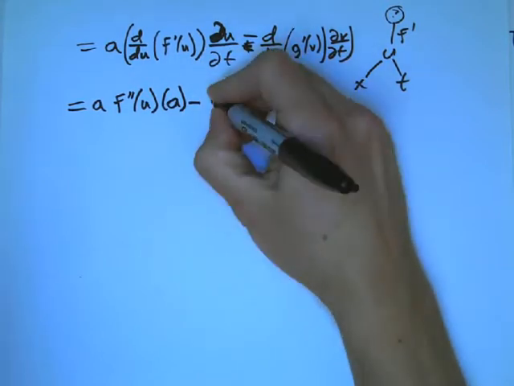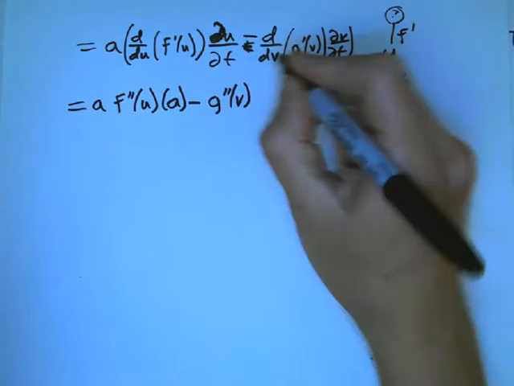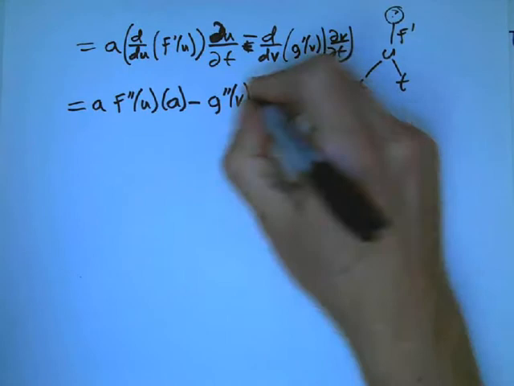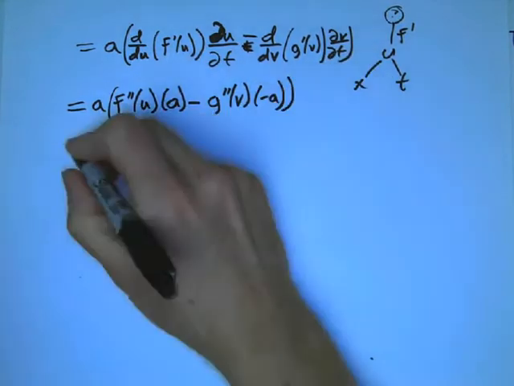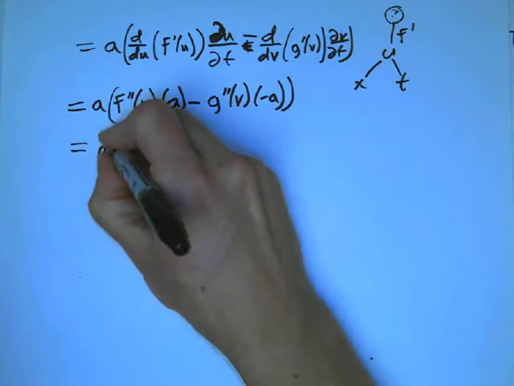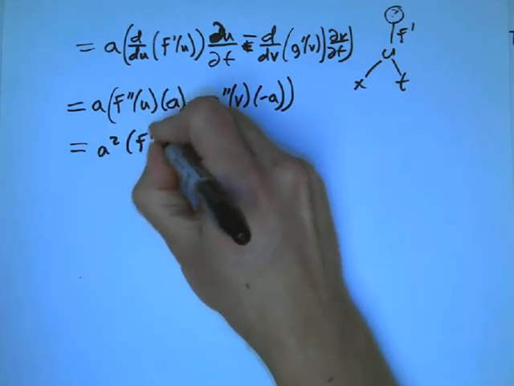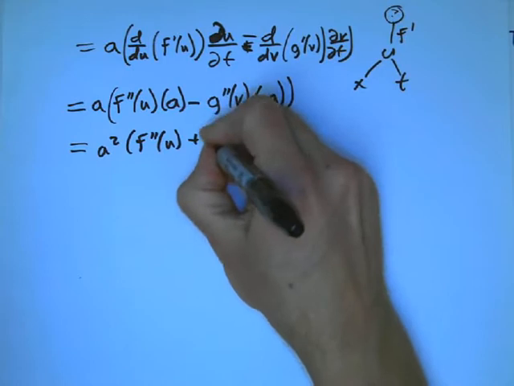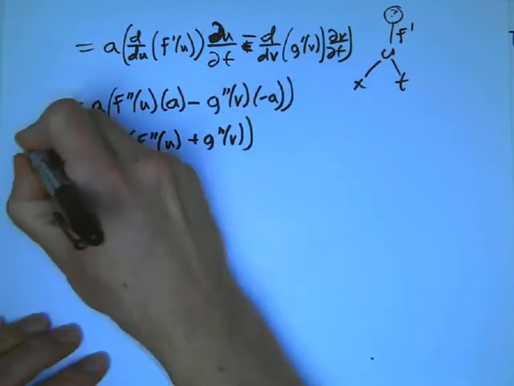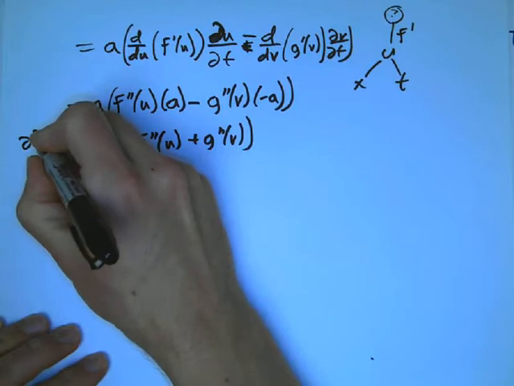Partial u, partial t, is a. And then here, this is g double prime of v, and partial v, partial t is minus a. Oh, that's a common factor, sorry. So we get a squared, and then a plus a squared, so it's all a squared times f double prime of u plus g double prime of v.